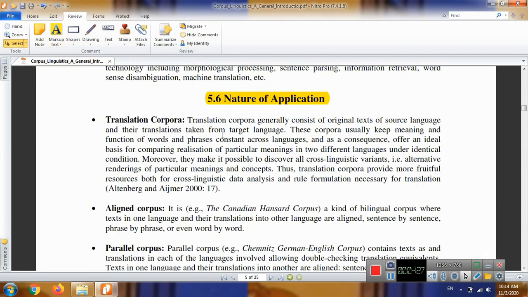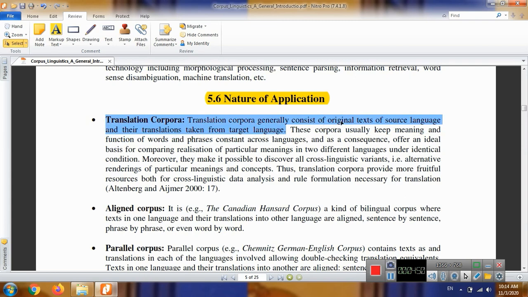Translation corpora. You should know all of the features of this corpus. Translation corpora generally consist of original texts of the source language and their translations taken from the target language. It is the definition of translation corpora.